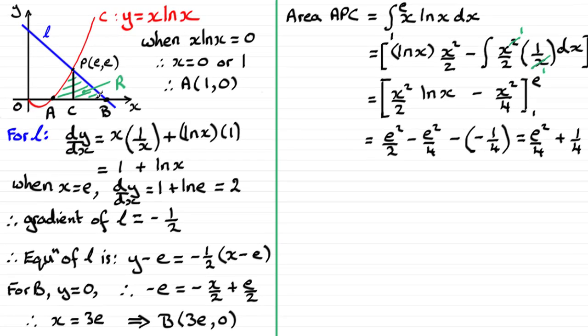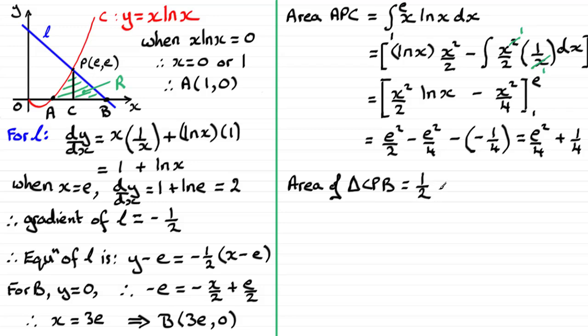Now we need the area of the triangle CPB. So we'll just put that in here. Area of triangle CPB. And we can use the familiar half base times height formula.